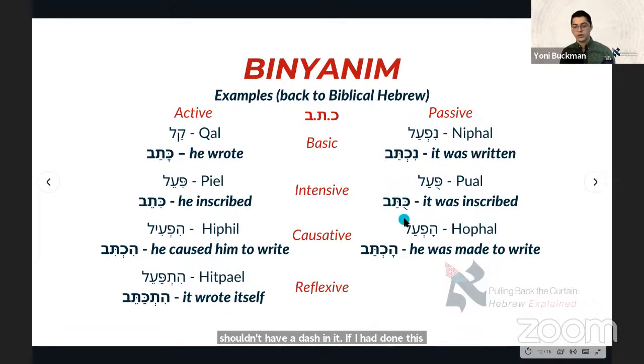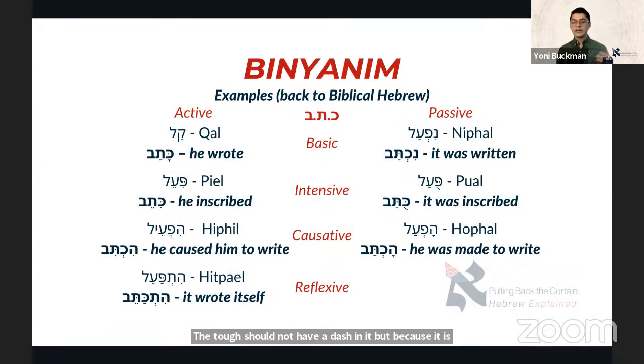And so kutav is a good example here, where the ku syllable is open. The tav should not have a dagesh in it, but because it is an intensive construction of pu'al, it does get a dagesh. So these are the little subtle things that are a little bit hard to pick up on, but they're useful to note.